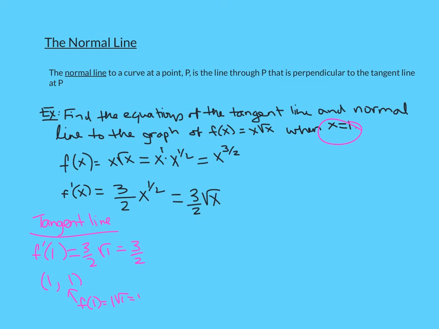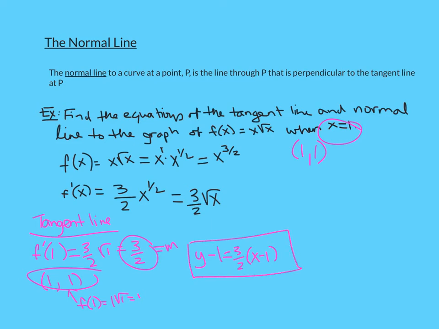So I know that that point is going to be 1, 1. And actually, we're going to use that for our normal line also, so we'll just keep it off on the side. So now I have a point, I have a slope, that's my m, so I just need to write my equation. I get y minus 1 is equal to 3/2 times x minus 1, and that's my tangent line.